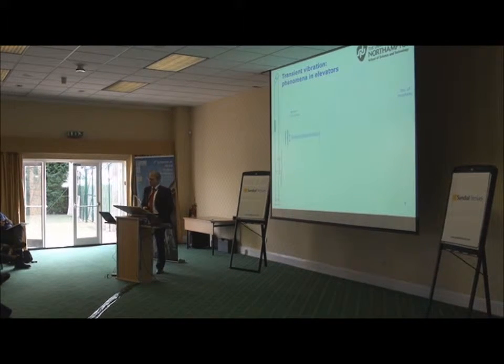Okay, so first let's address what is happening in the lift. When the lift is moving in the shaft, typically we have this kind of pattern. The vibration is transient. It changes with the lift motion. The reason for this is that a lift system is a non-stationary system. The stiffness and damping in the system is changing.